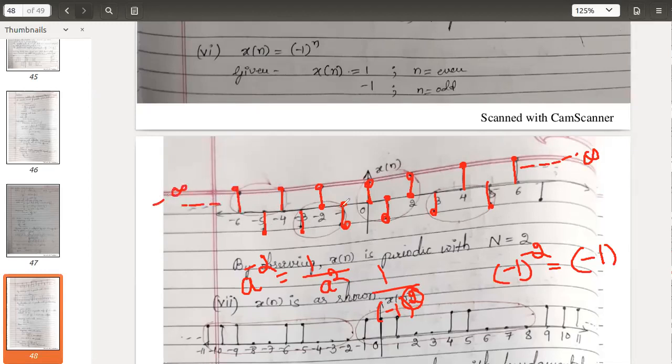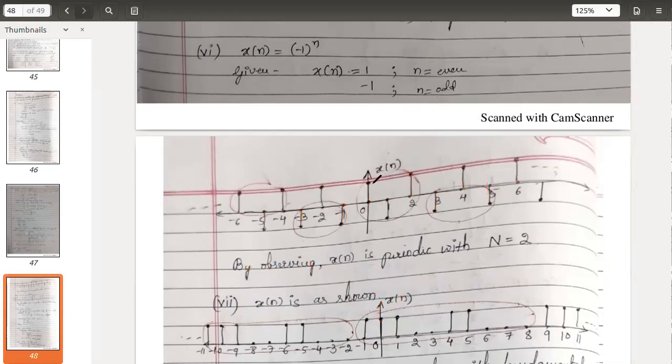Okay. Now based on the given drawn signal, we will try to find out the period, fundamental period, capital N. Discrete signal है, capital N find out करना है. You can see I have circled something here with the red pen. It indicates the repetition. If I start at 0, see positive value, after that a negative value, again a positive.